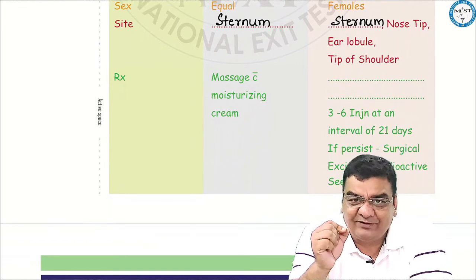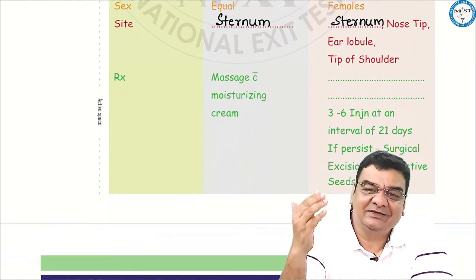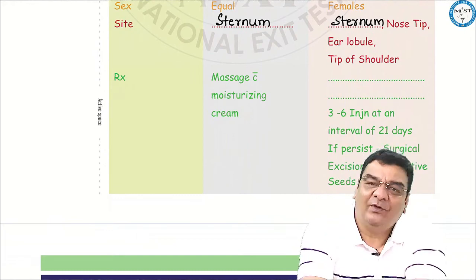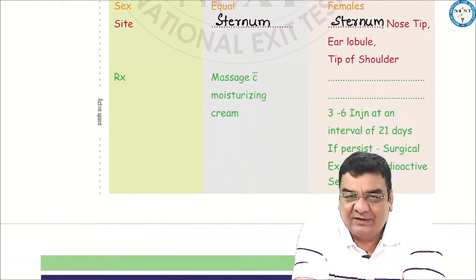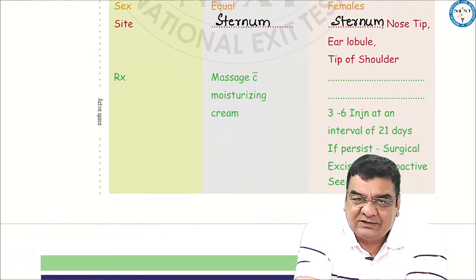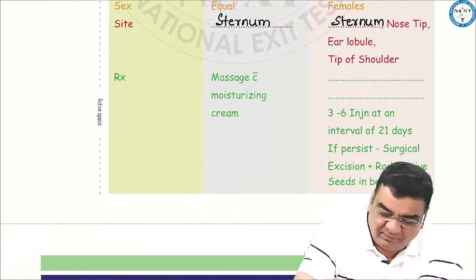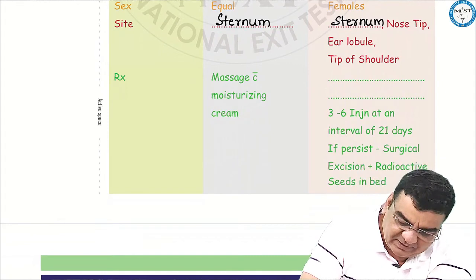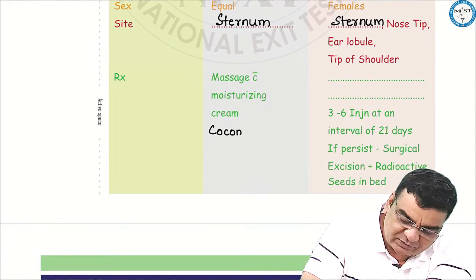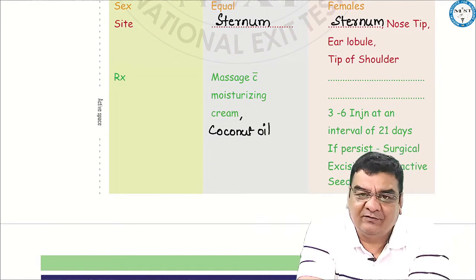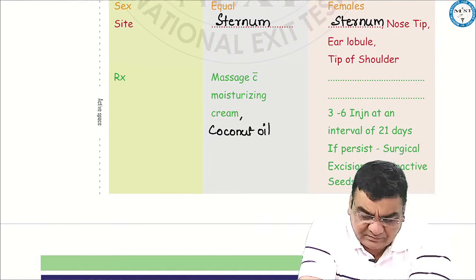And if cracks develop in the scar, it can easily be invaded by external microorganisms. That is why we suggest these patients use some coconut oil or massage with a moisturizing cream. So you can just write coconut oil here as well. In the Indian scenario, this is what we commonly prescribe.